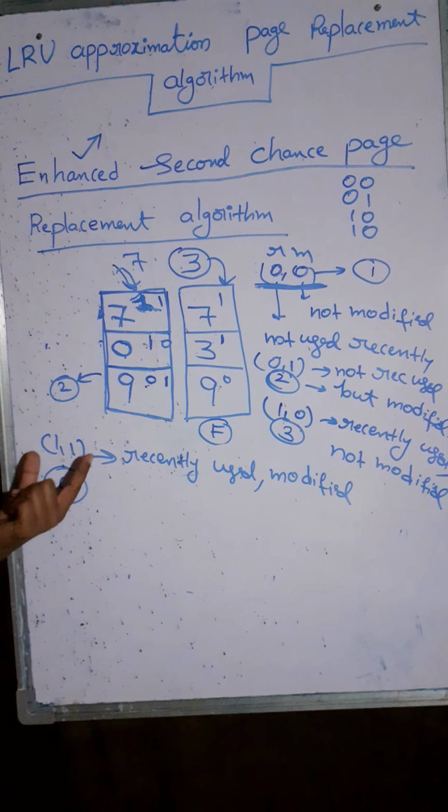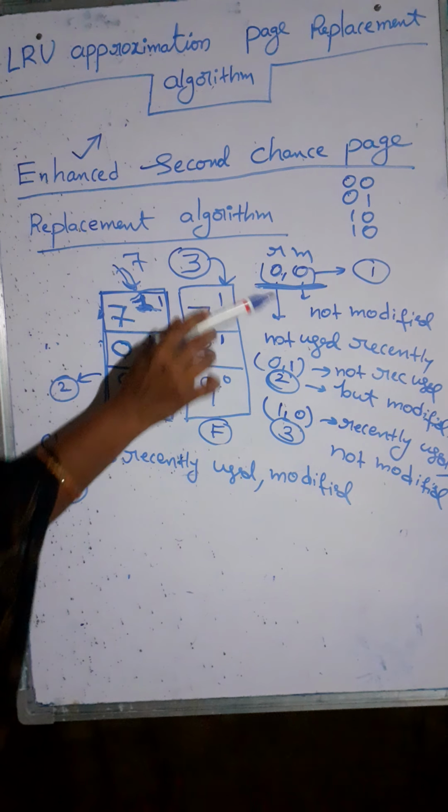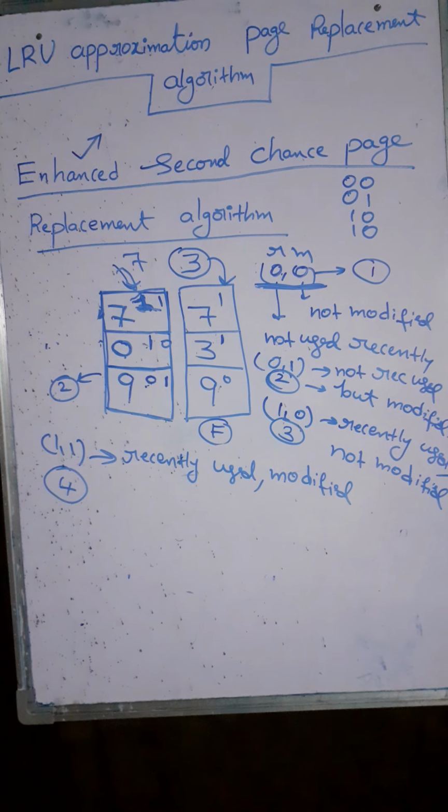So we should give last preference to 1, 1. In this way we will give preference to the frames and we can choose the victim frame by following this order. This is about the enhanced second chance page replacement algorithm.